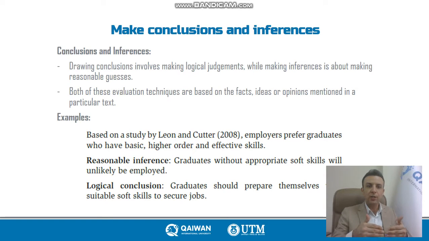But a logical conclusion is this: graduates should prepare themselves with suitable soft skills to secure jobs. The conclusion that we have made is not directly mentioned inside the text. So we go a bit out of the text. We use the information that we have here, so we ourselves can make a judgment, but our judgment must be proved by the information from the text.